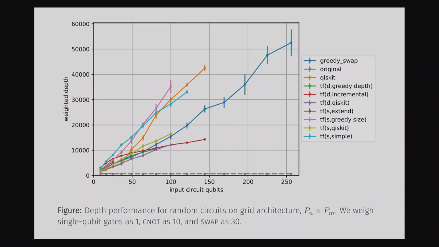And we can see that the incremental depth algorithm, which is indicated in the red line, so that's TFD incremental for depth incremental, seems to asymptotically perform pretty well up to a certain size, at which point it becomes too slow.